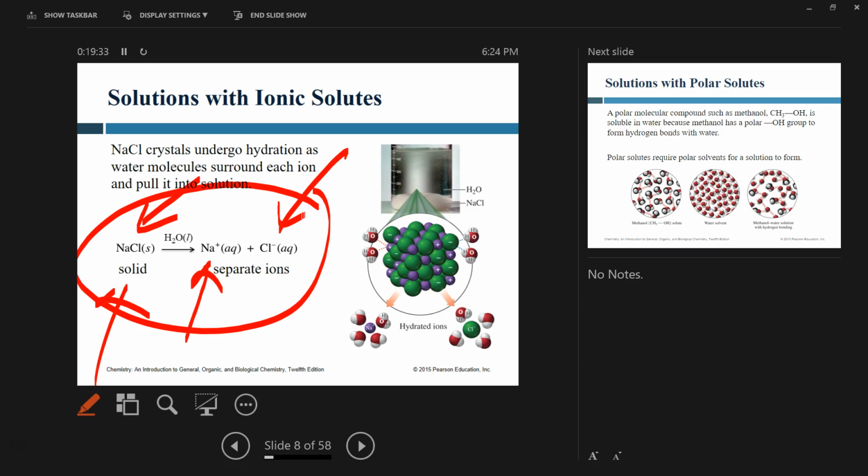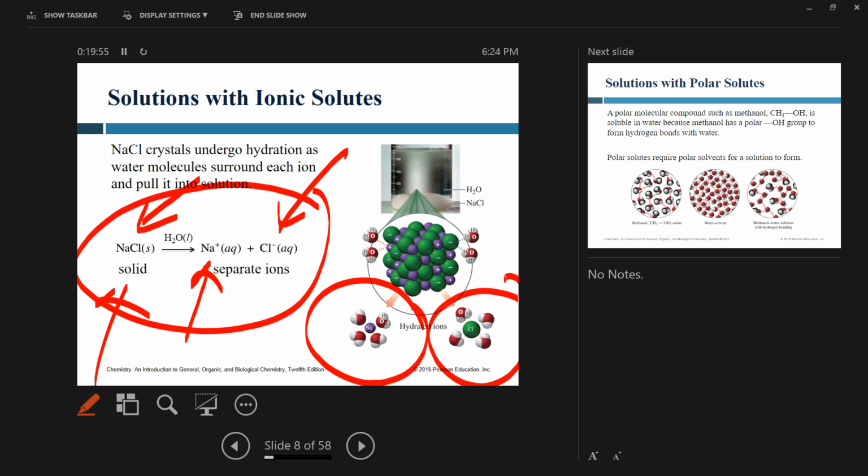You have to understand that. These cations and anions do not exist as naked ions, naked charged particles. They are surrounded by the water molecules in the solution.